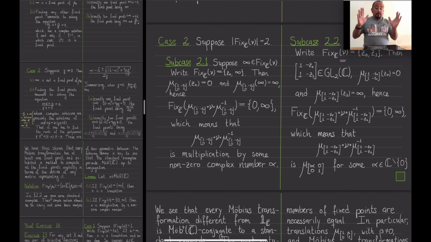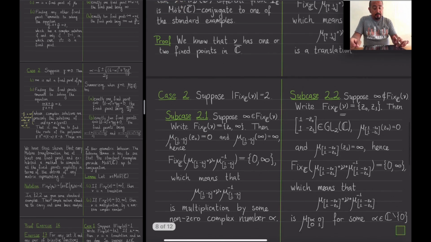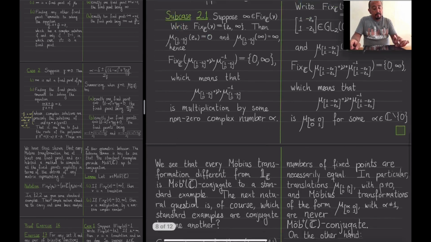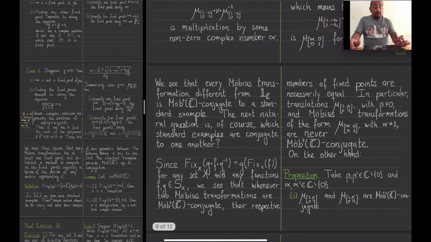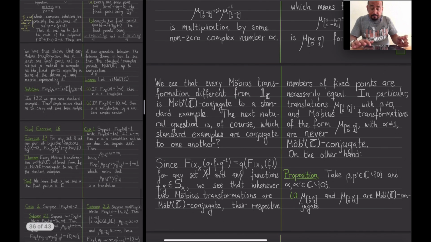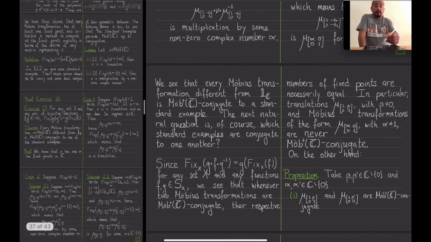But knowing that the number of fixed points was essential, right? So the simple transitivity was really essential. The simple transitivity on triples. So now we see that every Mobius transformation, different from the identity, is conjugate to a standard example, right?